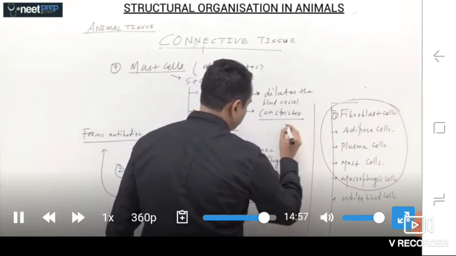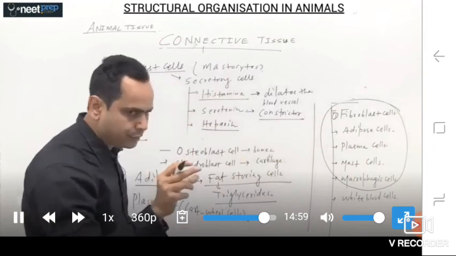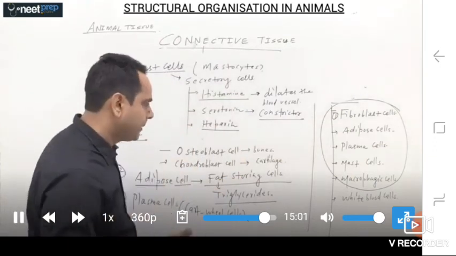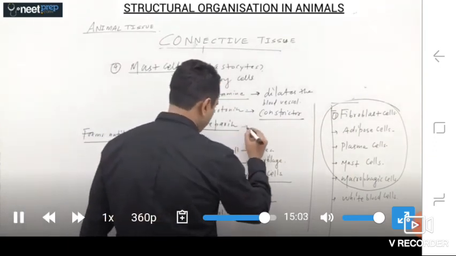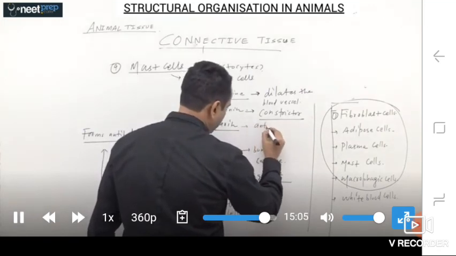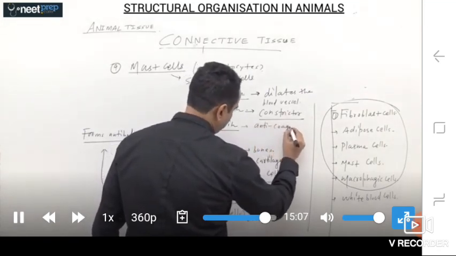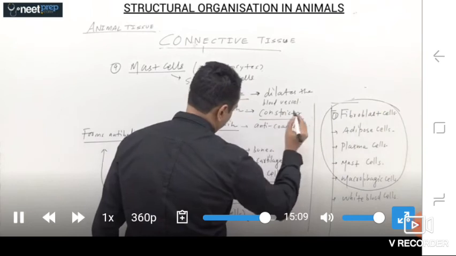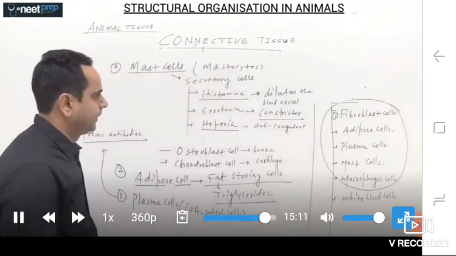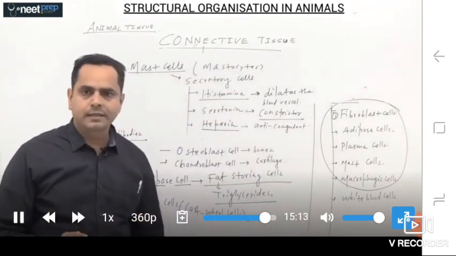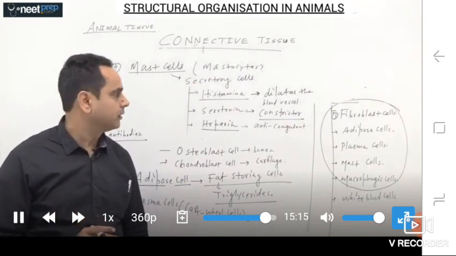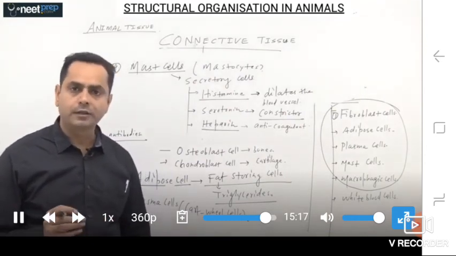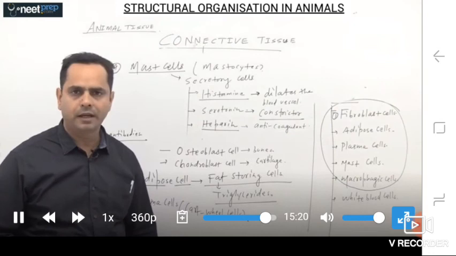It constricts the blood vessels. It decreases the diameter of blood vessels. And heparin, we know, is a kind of natural anticoagulant. So mast cells secrete chemicals like histamine, serotonin, as well as heparin.